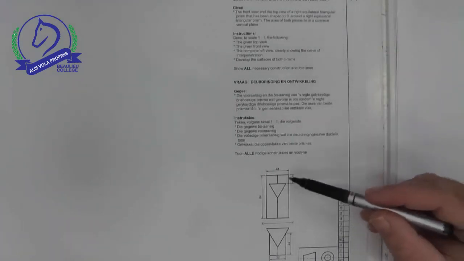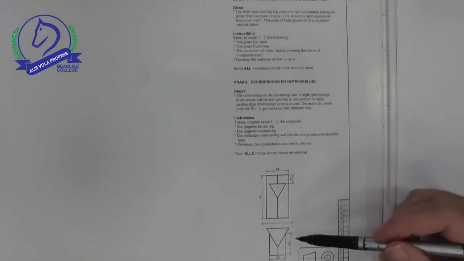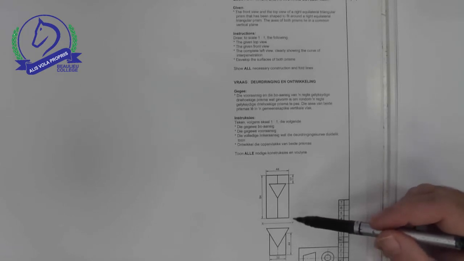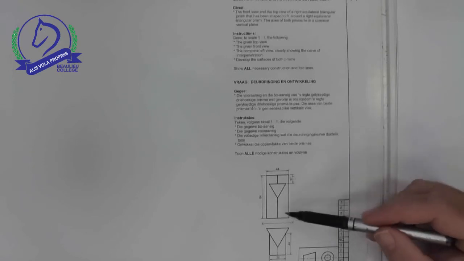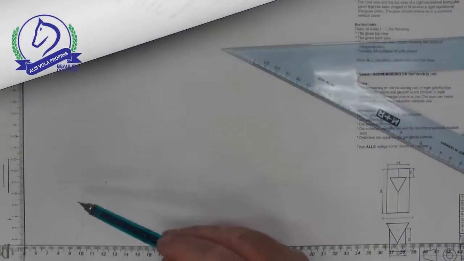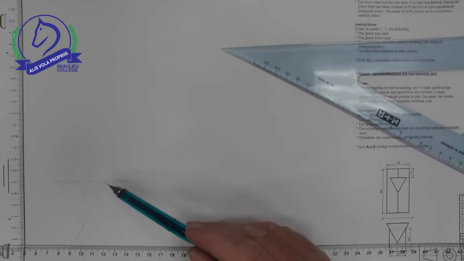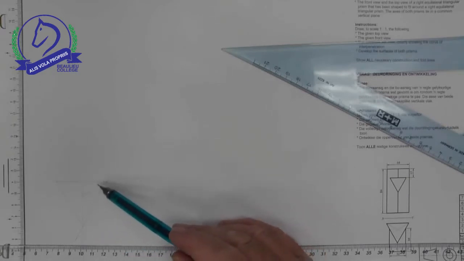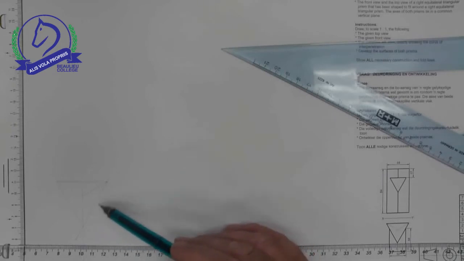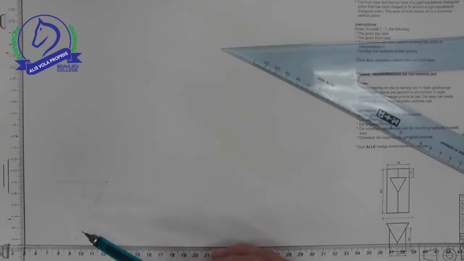Okay, so we're going to start by constructing this shape, and then I'm going to project up and do the front view. I've constructed my equilateral triangle of the main pipe, a length of side of 44, and then I've drawn 60-degree lines to intersect.